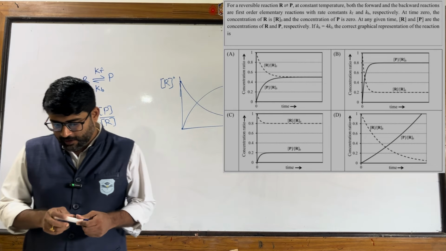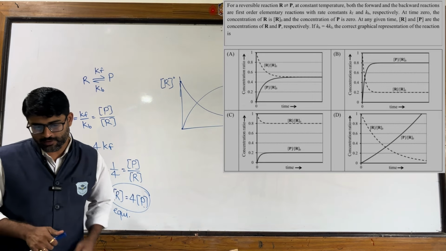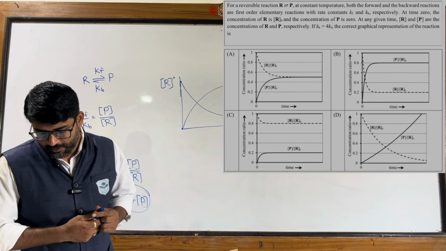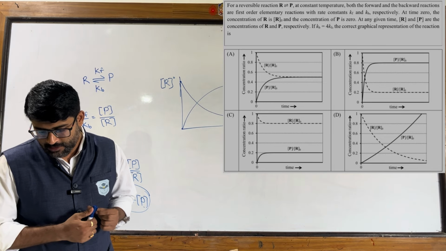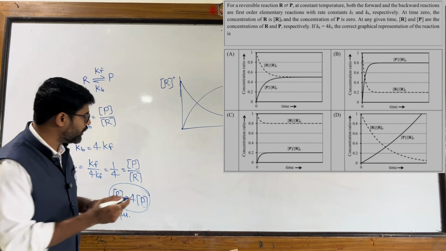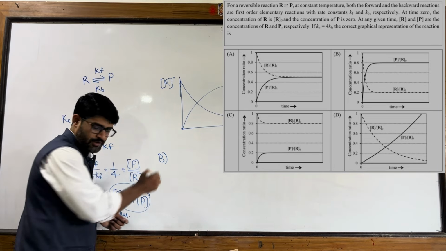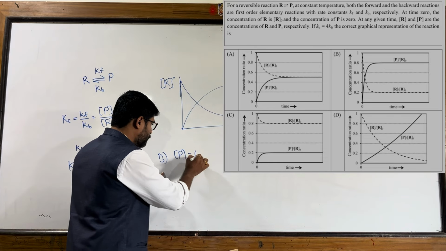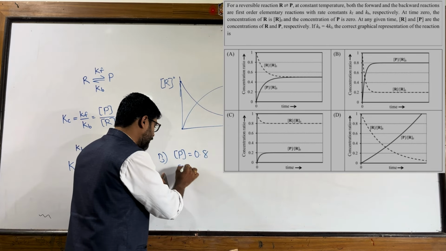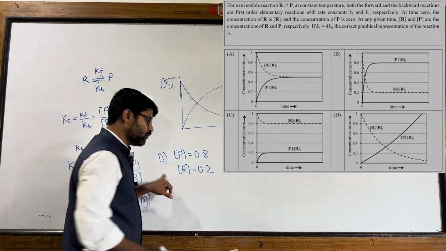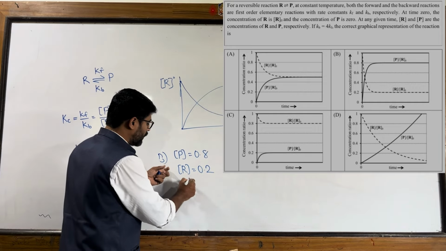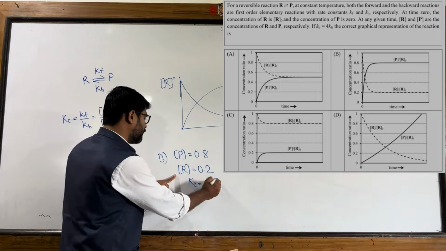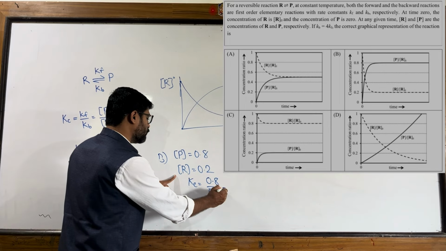Let's check the second option, B. In option B, finally the concentration of P is 0.8 and that of R is 0.2. So if we find the value of Kc, it will be concentration of product 0.8 divided by concentration of reactant 0.2.